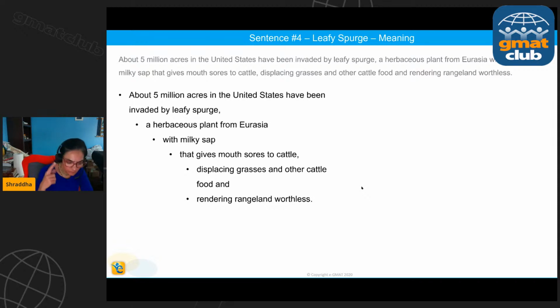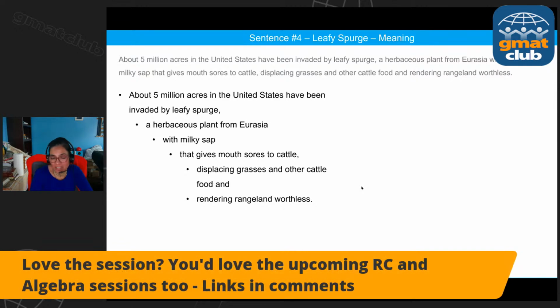Once again, if we logically ask questions, we understand that rendering rangeland worthless is not the outcome of milky sap giving mouth sore, because milky sap in the process of giving mouth sore does not end up making the grazing grounds useless.